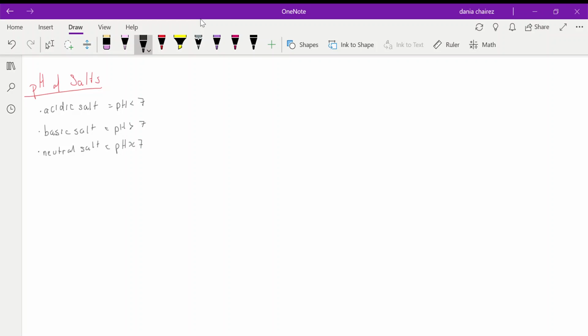But okay, we're gonna do an example just because I think that's the easiest way to put these things into perspective, because there's not much to explain. But let's say we have 0.5 molar of ammonium bromide in water.